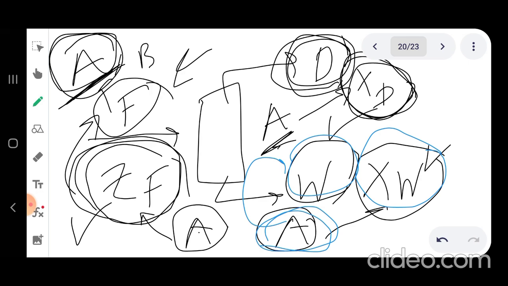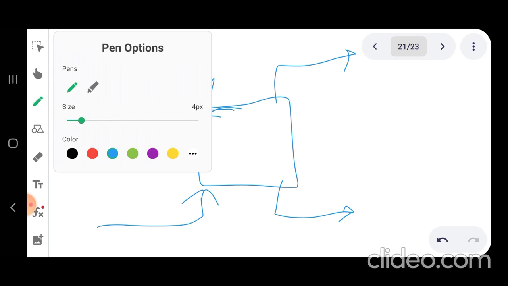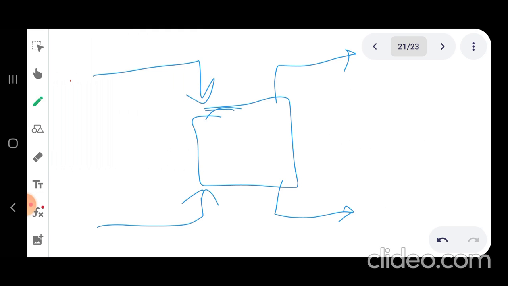Okay, so we can draw a quick drawing again for the extraction process. This is the feed with composition of A, XF, and we have here solvent S with a composition XS.